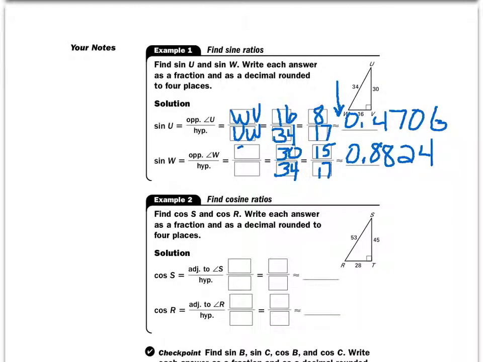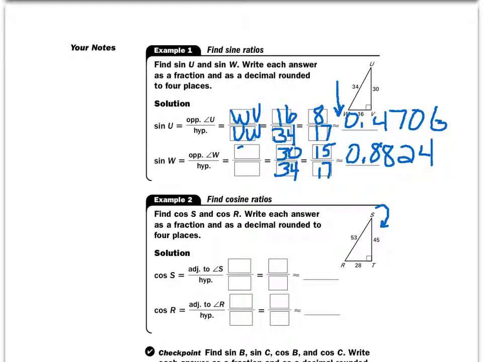Find the cosine. Cosine is adjacent over hypotenuse. So the cosine of S, which one is adjacent? Well, which one is not the hypotenuse that's hooked on to S?